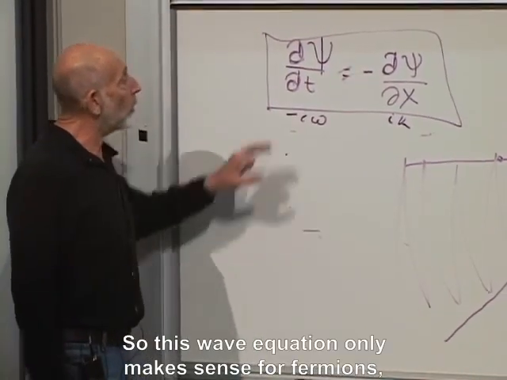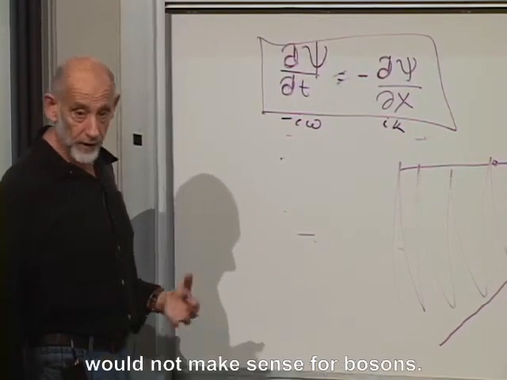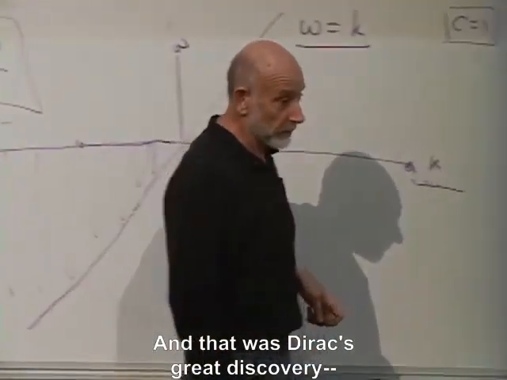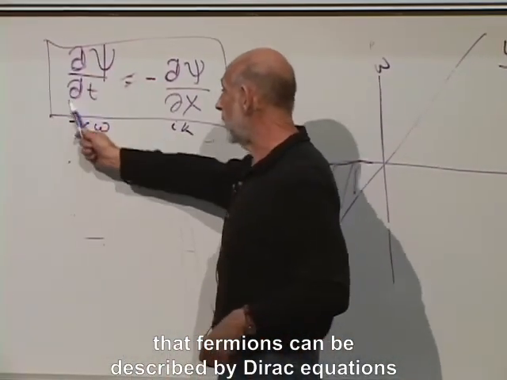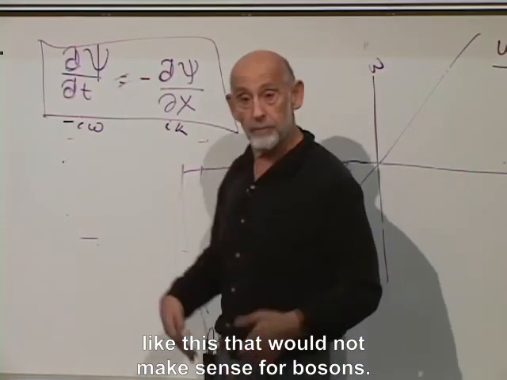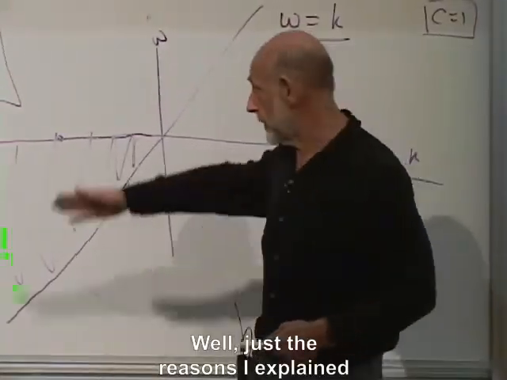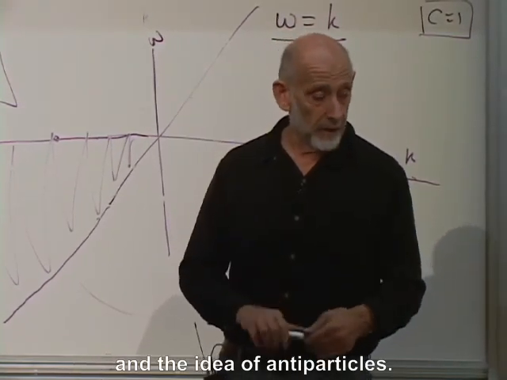So this wave equation only makes sense for fermions, would not make sense for bosons. And that was Dirac's great discovery, that fermions can be described by Dirac equations like this that would not make sense for bosons. Why? For just the reasons I explained. And the idea of antiparticles.